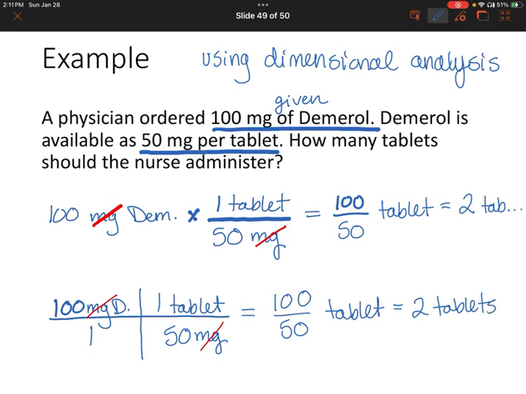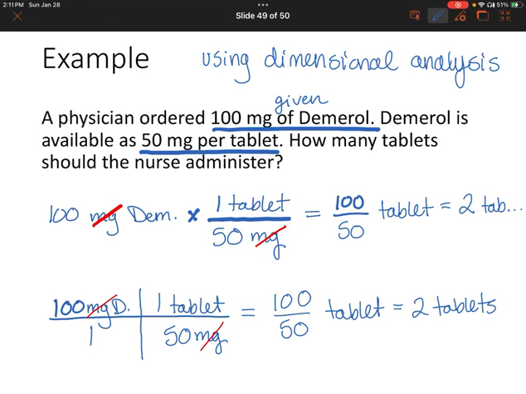There we go. So again, dimensional analysis involves setting up your given value with your conversion factor to cancel units and get the final unit that you need. So in this case, that was tablets, and we were canceling the unit of milligrams.